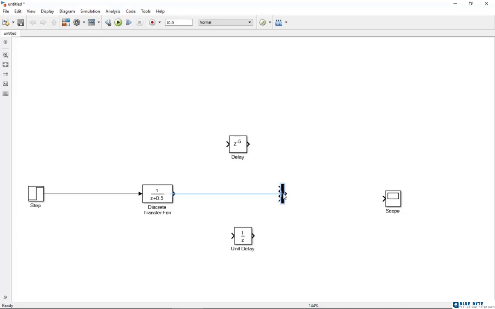These blue lines can help us in decorating the blocks. In this example, I enter step to the transfer function.